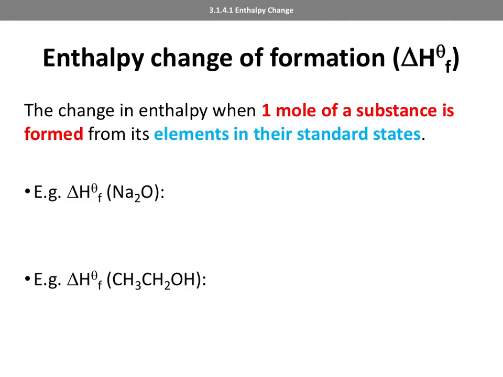So I think it will help us appreciate that definition if we actually see an example of that. So here we're asked to represent the equation for the enthalpy of formation of sodium oxide. And so this equation has to satisfy that definition that we have above, that 1 mole of a substance is formed from its elements in their standard states.